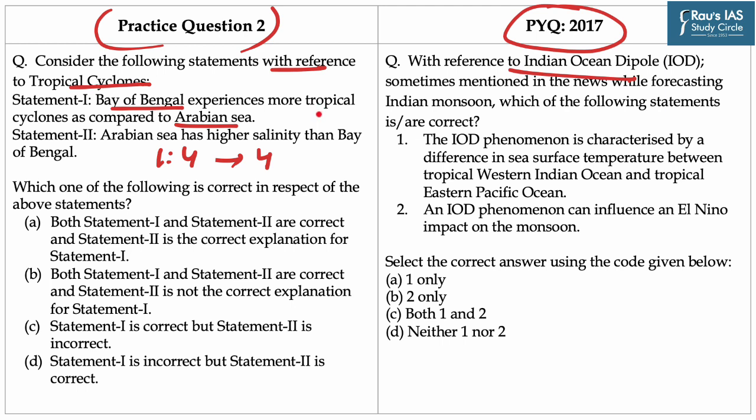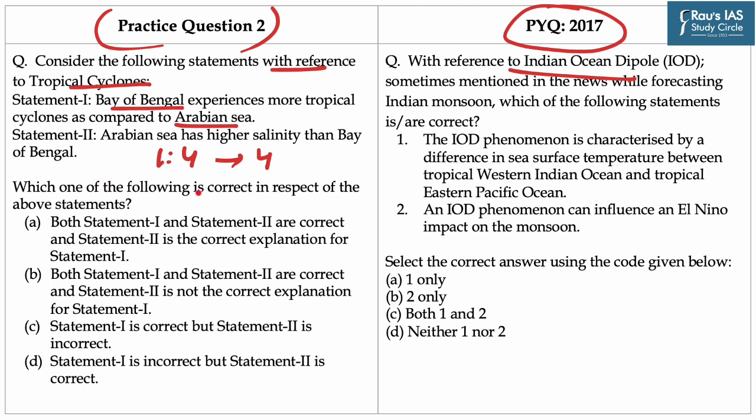This freshwater influx makes it further difficult for the warm water above to mix with the cooler water below. The third reason is that the shape of land around the Bay of Bengal weakens the wind speed, which allows the wind to spin faster. Whereas the fourth and the last reason is that Bay of Bengal also experiences the offshoots of tropical cyclones from the Pacific Ocean.